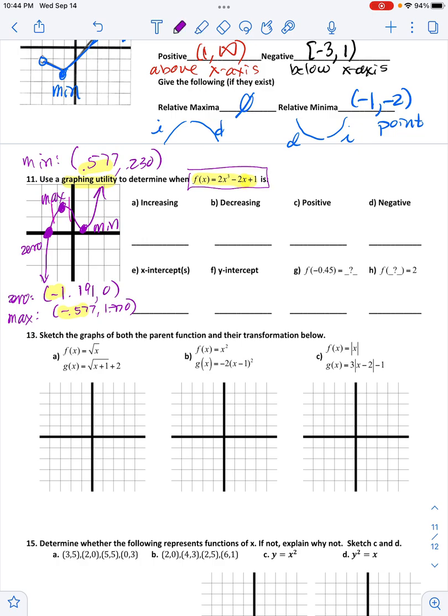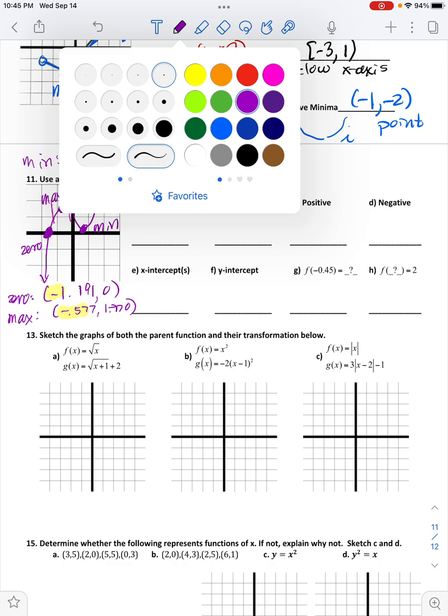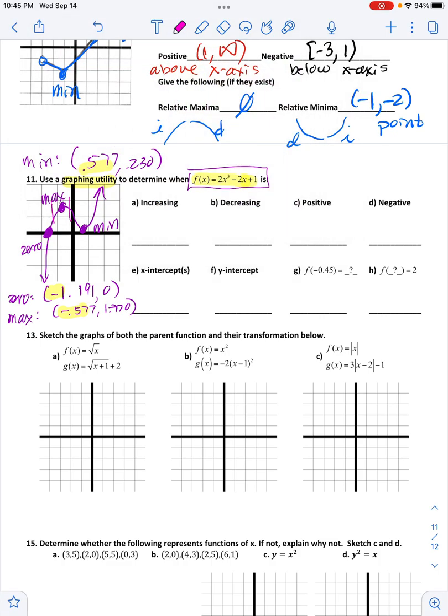So where is this graph going to increase? Well, this graph increases from here until here. That is from negative infinity until I hit the max, and the max has an x coordinate because that's all I use, per my vow to only use x coordinates in intervals like that.